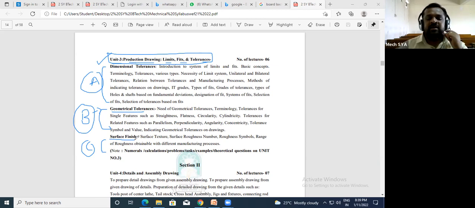Then in part number 2 we discuss geometrical tolerances and the symbols for straightness, flatness, circularity, cylindricity. And in part number 3, again a very simple topic, surface roughness, a number of questions may be asked in your university examination for MCQ purposes. This is the basic introduction of chapter number 3.